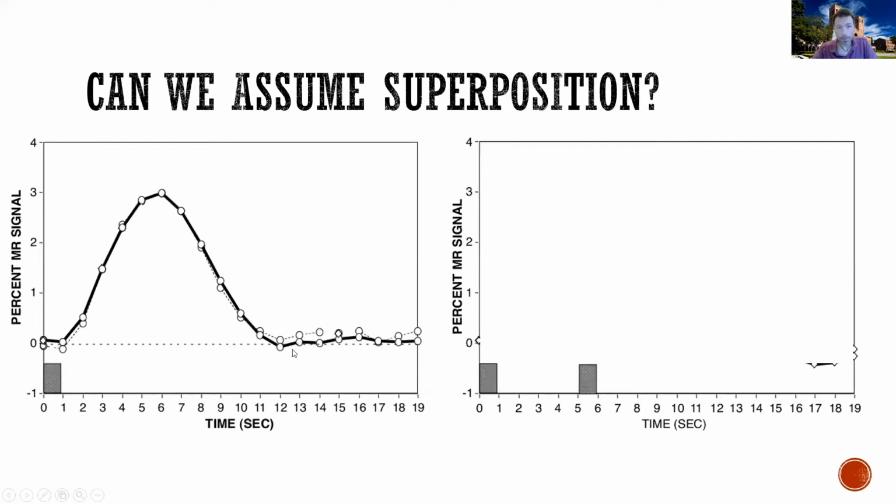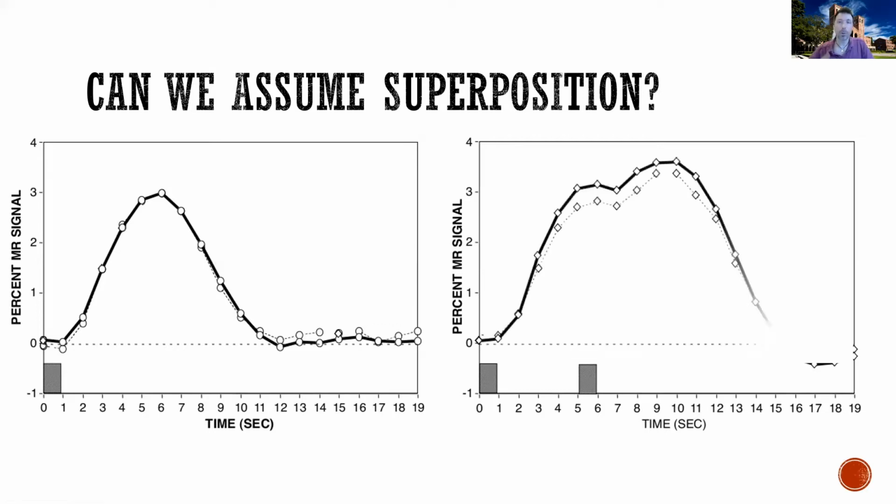Now, what happens if instead of waiting 12 seconds, you hit the participant again with a second stimulus after 5 seconds? So the response is peaking, and then right at this time, what happens if you hit them again with a second stimulus? Well, what you get is that sort of double mountain that we saw earlier.